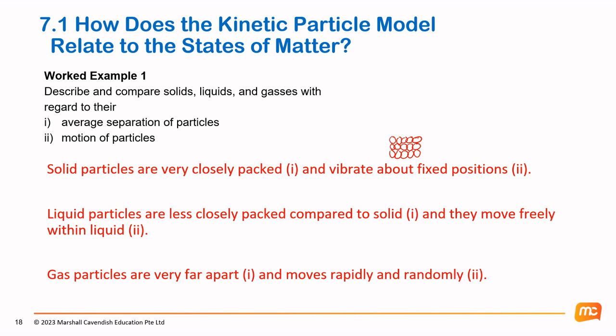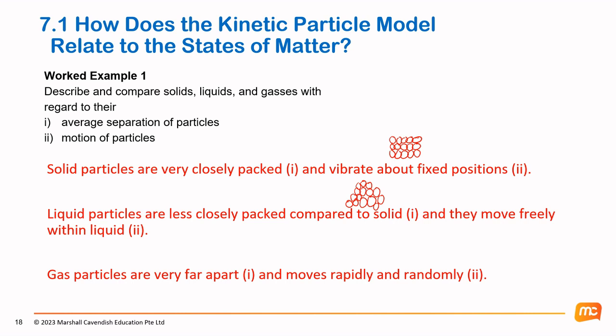Now, for liquid particles, they are less closely packed together and they're able to move freely. So, how do we represent that with a diagram? What you could do is draw some particles, and instead of drawing them in a regular manner, just draw particles close together, touching as well, but you do not need to arrange them in any particular way.